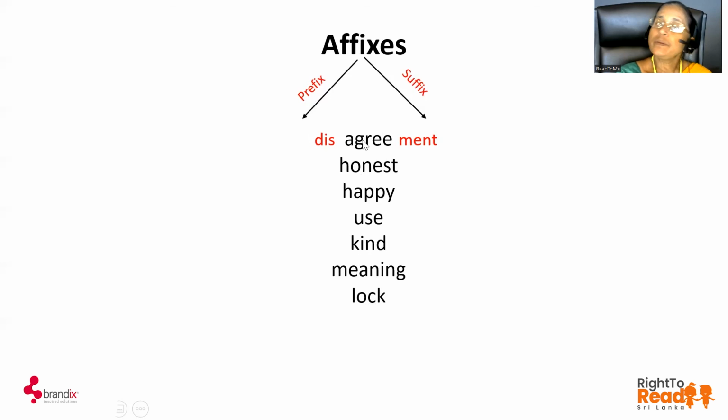Now, can you add prefixes and suffixes for these words? Before that, shall I do a very simple exercise with you? Are you ready? Honest. Now, as you know the word classes, what is the word class of honest?